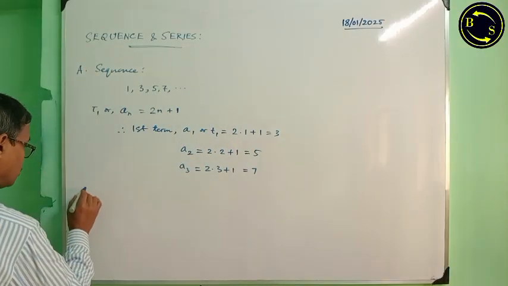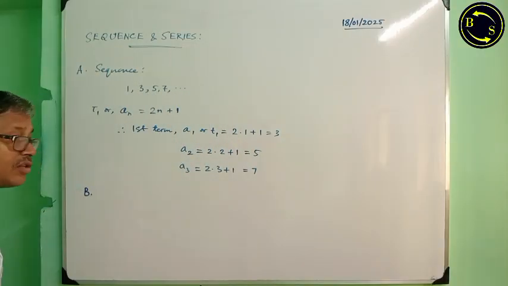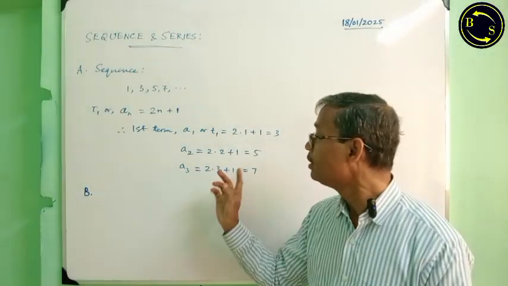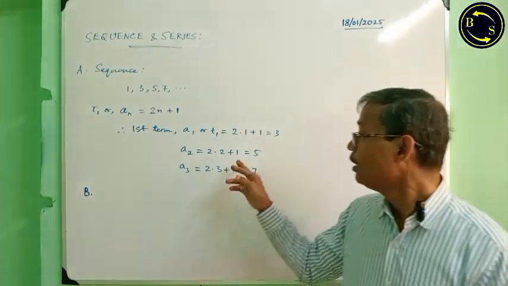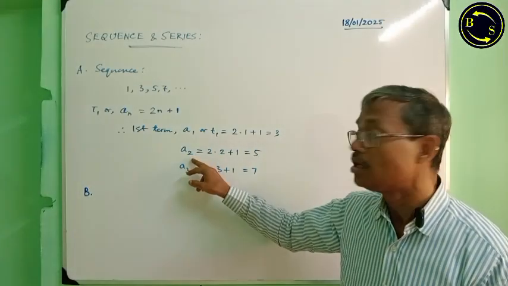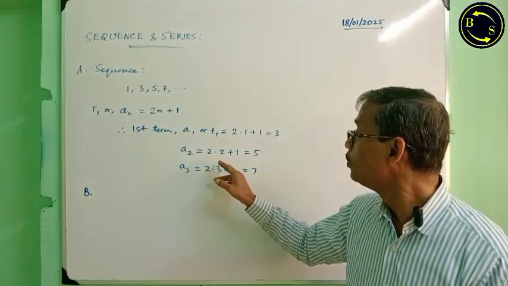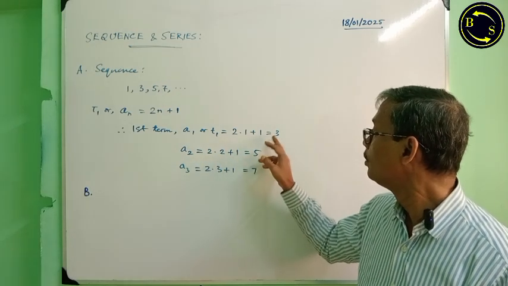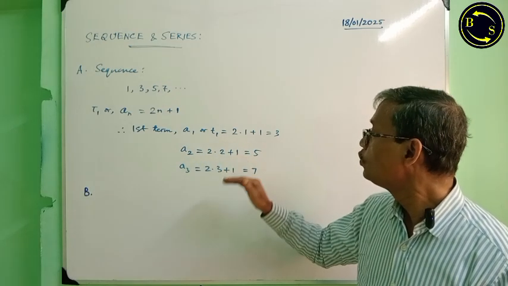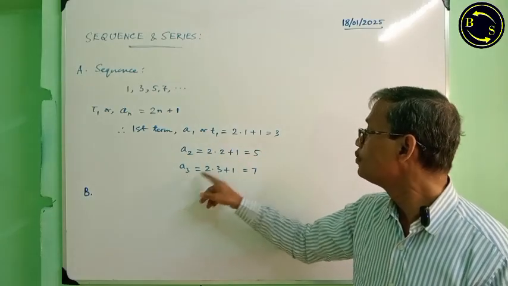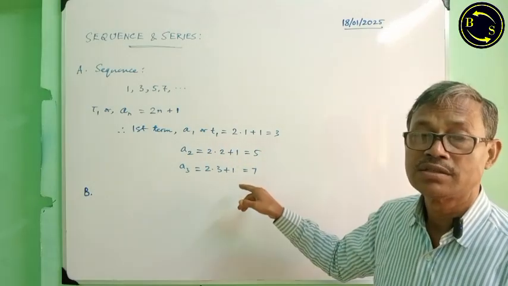Next, sequences are of various types. Actually, I have taken an example here and found that a particular term, say the second term, is 2 more than the first term. The third term is 2 more than the second term, like this.